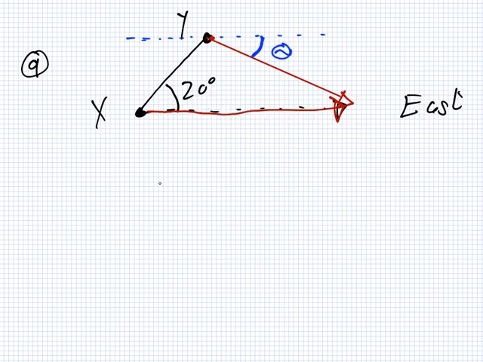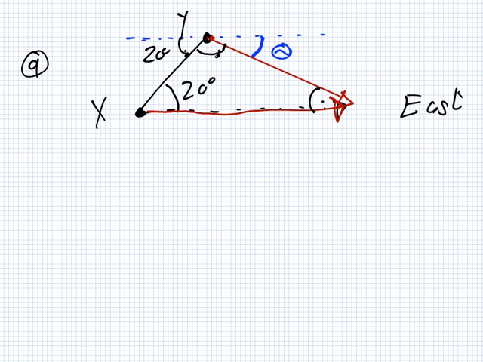Now this question seems a little bit difficult because we don't know this angle, right? Can we know this angle? No. Oh no, we can know this angle. This one is 20. Can we know this angle?